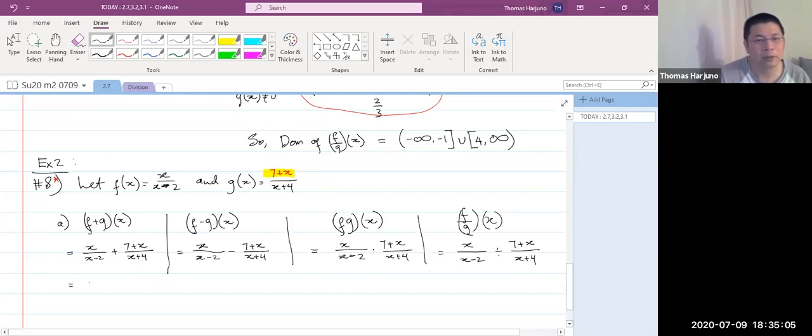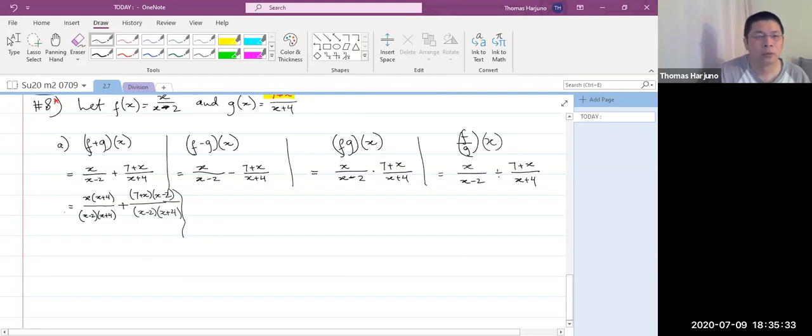Then when I simplify, I do the LCD here, right? For example, this is x times x plus 4. This is x minus 2 times x plus 4. We have learned this in chapter 1. This is 7 plus x times x minus 2. The LCD is x minus 2, x plus 4, so that we can put them together under one fraction.